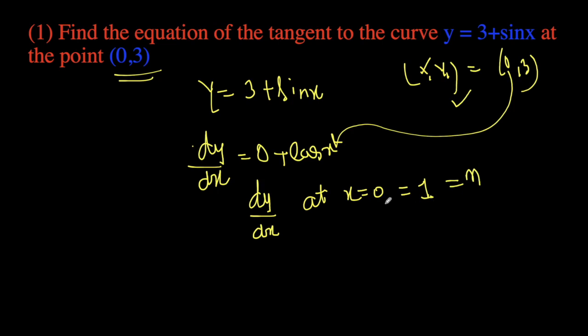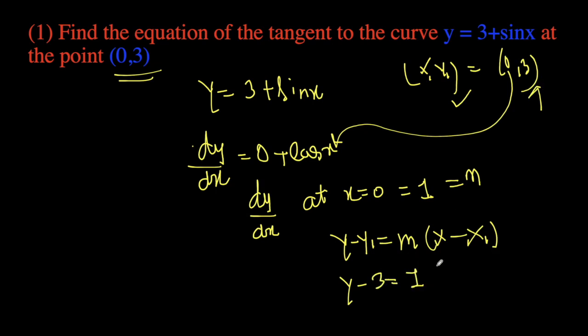How do we find the equation of the line? You can use y minus y1 is equal to m times x minus x1. Let's put everything here. Your y1 is 3, so y minus 3 is equal to the slope 1 times x minus x1, where x is the variable and x1 is 0.